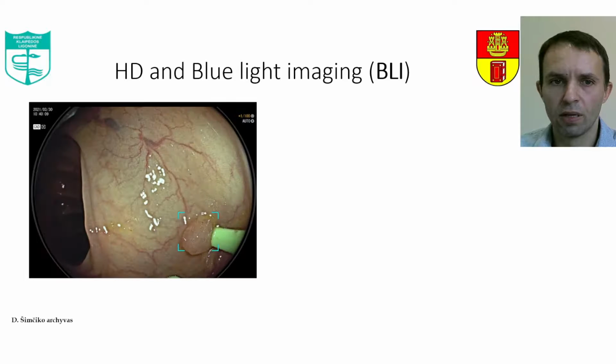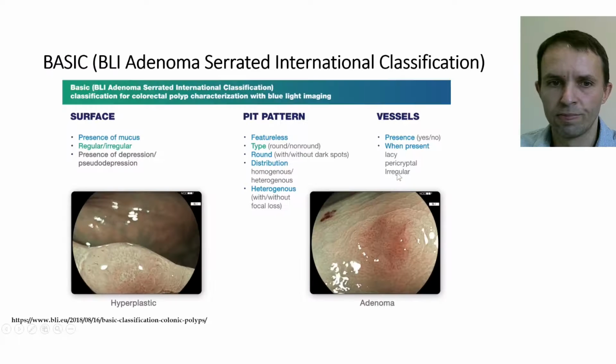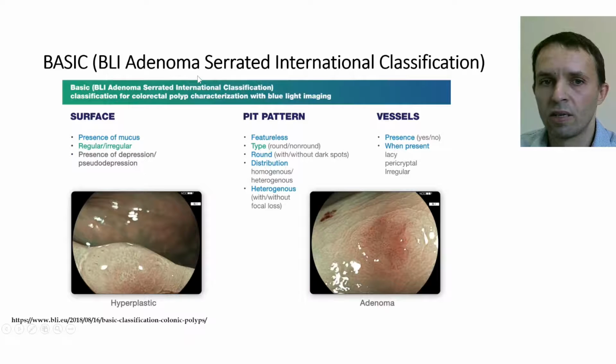Another example is a high definition image and blue light imaging, BLI. Again, vessels look darker than in the high definition image. And blue light imaging has its own classification, which is called the BLI Adenoma Serrated International Classification, BASIC.